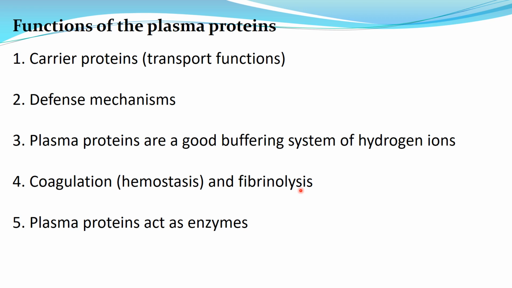Also, some of the plasma proteins can maintain the vascular system in a process which is called coagulation or hemostasis, and fibrinolysis. So hemostasis, as we mentioned earlier, is the prevention of blood loss. We will explain this process in detail. The other process related to hemostasis is fibrinolysis.